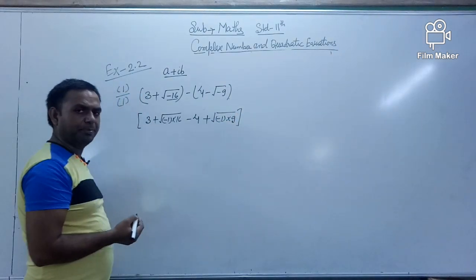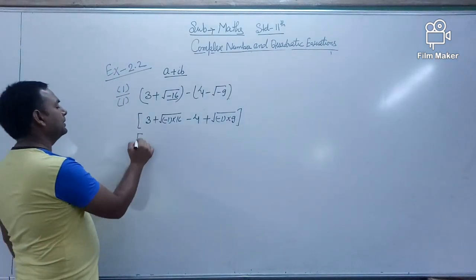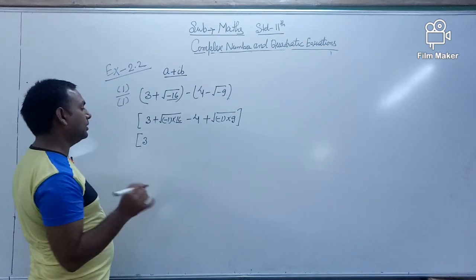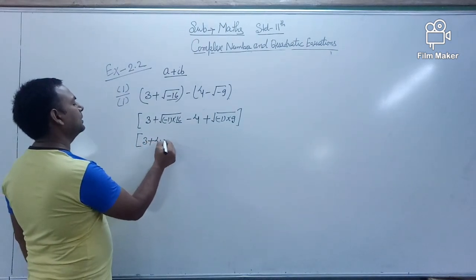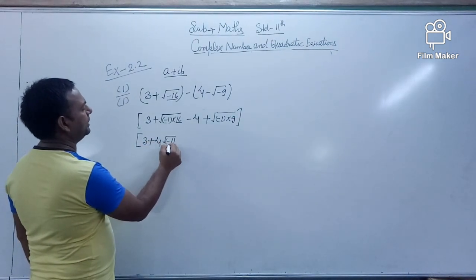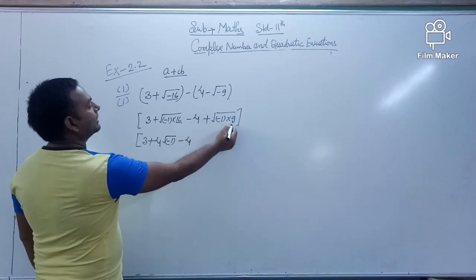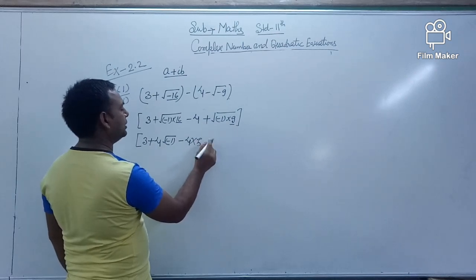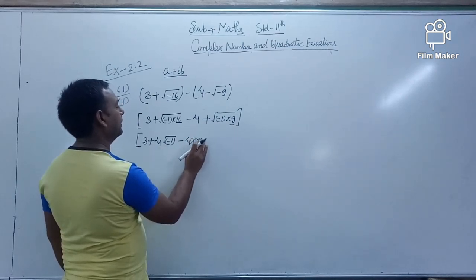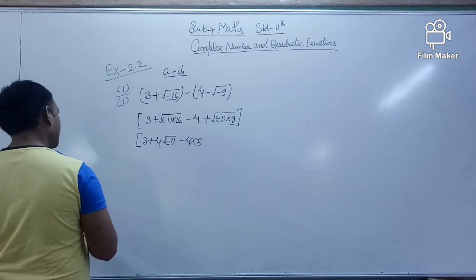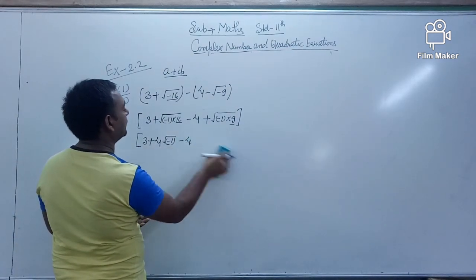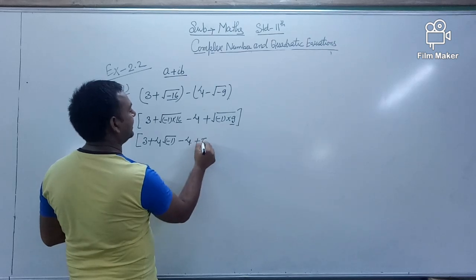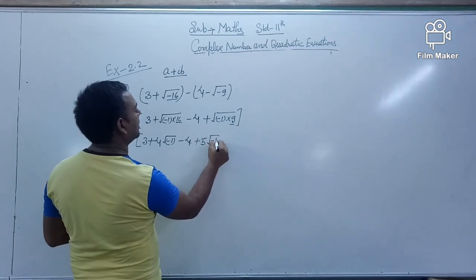The square root of 16 is 4, so it is plus 4 under root minus 1, and the square root of 9 is 3, so minus 4 times 3, this is under root minus 1.